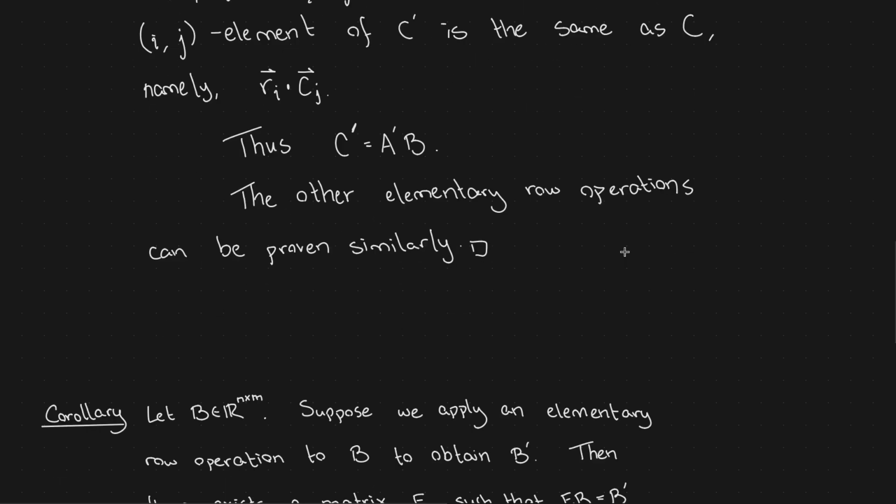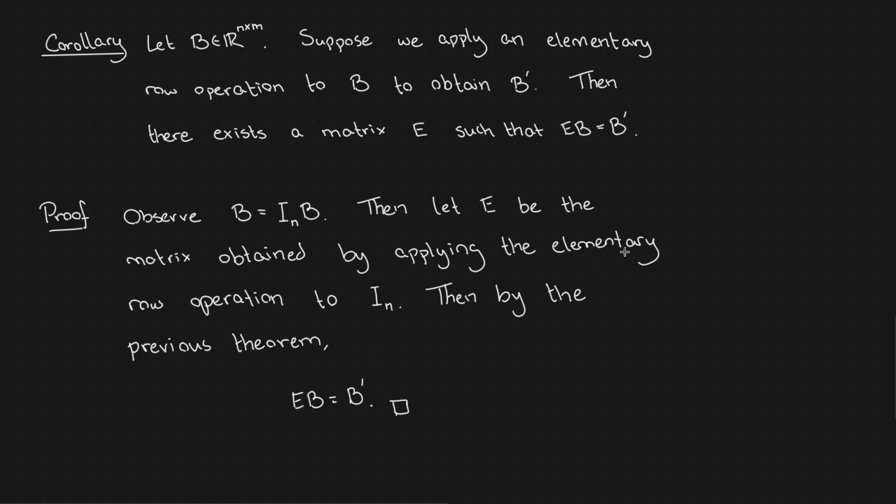Similar situation here. E is the matrix we get after applying the elementary row operation to I sub n. In other words, if I sub n is like matrix A in our original theorem, E is like matrix A prime. And B is also the product of the matrices. So in this case, B and C are the same thing.